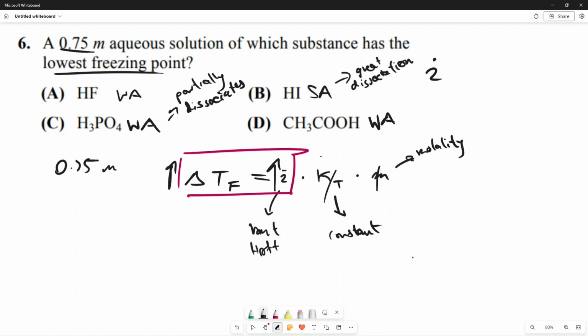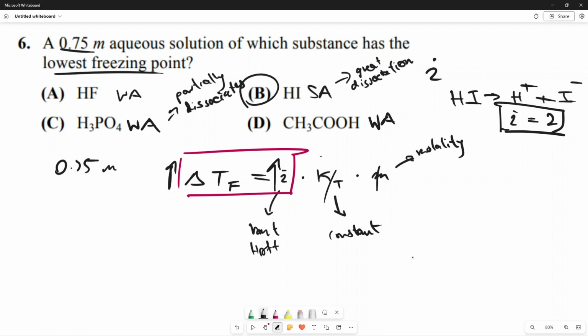So when we're looking at this, we're looking for which has the greatest Van 't Hoff factor. So if you're taking just HF, HI, let's just take that. HI dissociates to H plus and I minus. The Van 't Hoff factor is going to be equal to a nice 2 because it's going to practically dissociate into 2 ions. And what makes that different from the others is that weak acids don't dissociate completely, right?